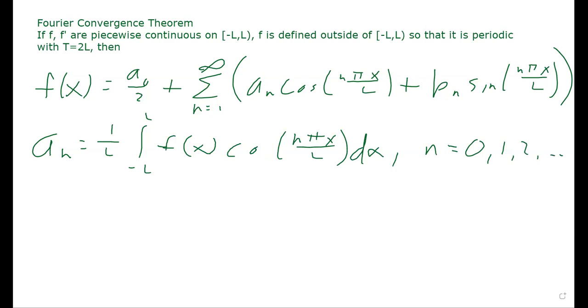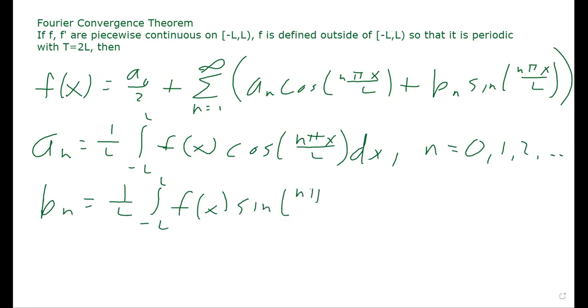Let me clean this up to make some of these letters look like what they're supposed to look like. Our b sub n is 1 over L integral negative L to L of f of x sine n pi x over L dx for n equals 1, 2, 3, and so on.